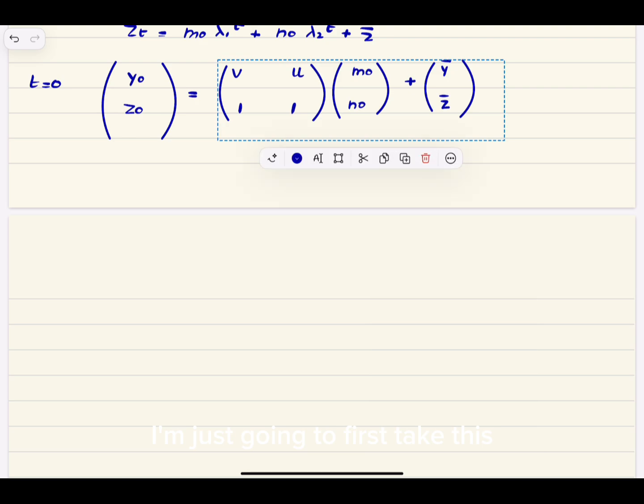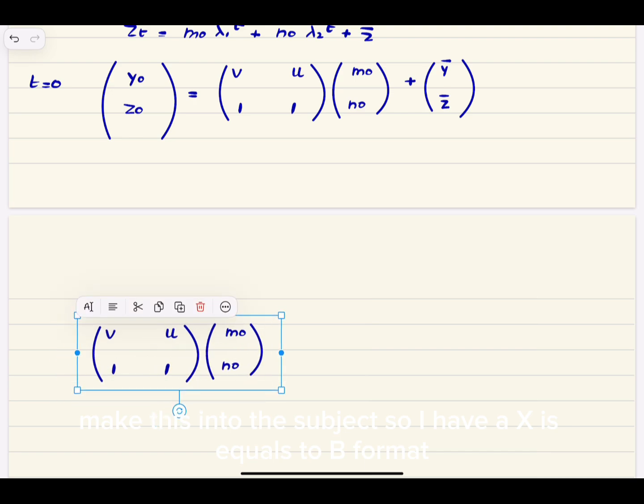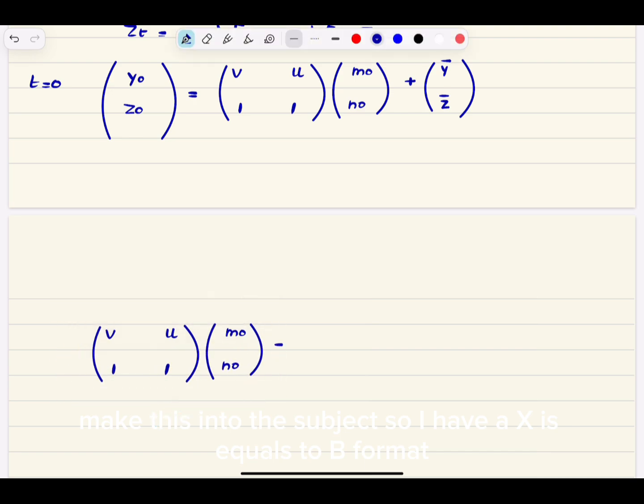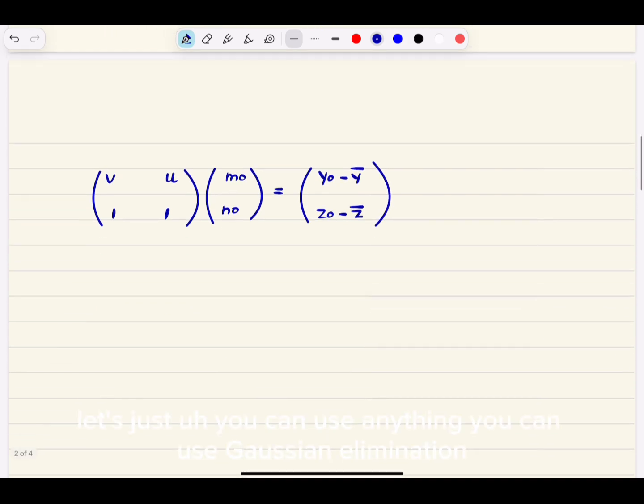So let's find this. I'm just going to first take this into the form Ax equals b. So I'm left with y naught minus y bar and z naught minus z bar. Okay, you can use anything.